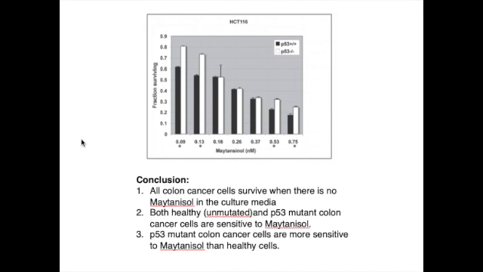What she does next is she compares cancer cells, which are HCT116 cells. These are colon cancer cells with no mutation in p53, or a mutation in p53. They look at increasing doses of metanosol again, and they look to see how many are surviving after some amount of time in treatment.